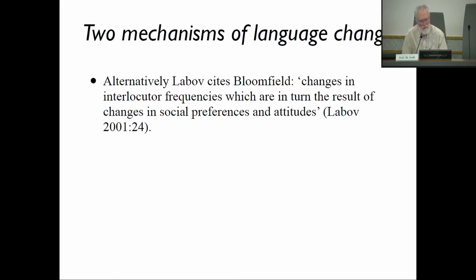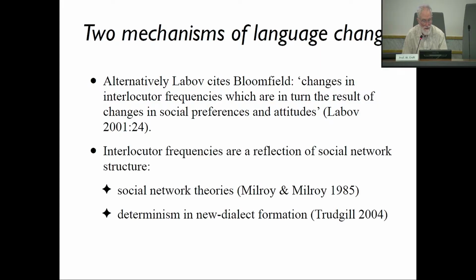But Labov also cites the alternative view, which was Leonard Bloomfield, again, an early American linguist in the 20th century. Changes in interlocutor frequencies, which are in turn the result of changes in social preferences and attitudes. So in other words, how you talk depends on who you talk to, or how often you talk to those persons.